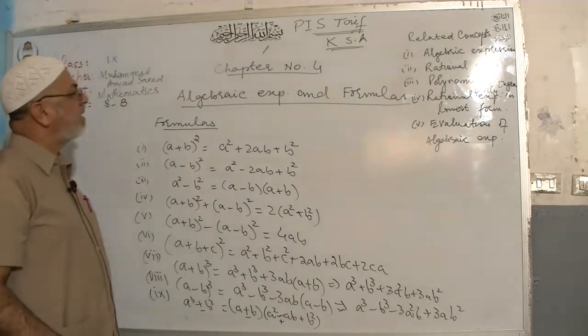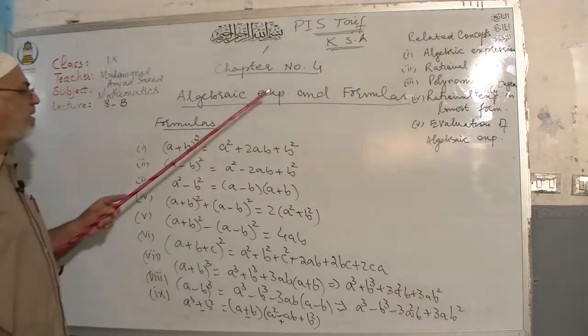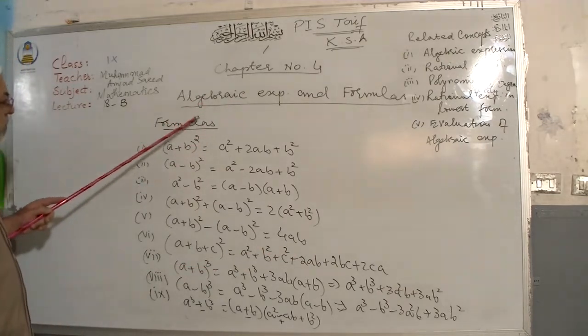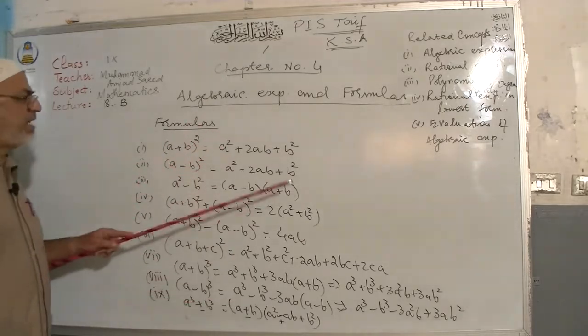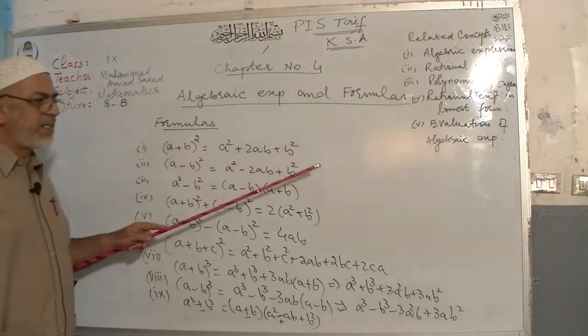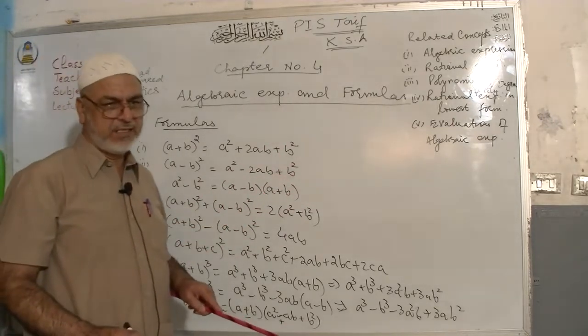before we start our exercise 4.1, there are very important formulas which you need to write down and memorize, and it's very important to check the formulas and how you will use the formula in different cases.